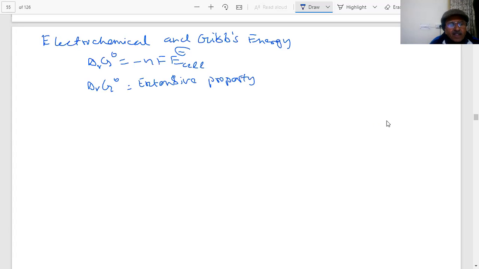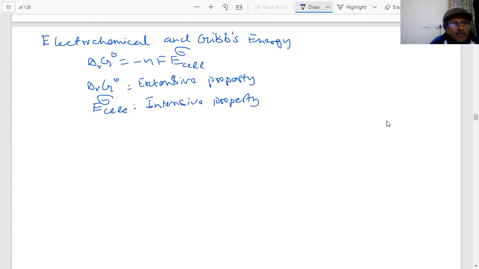If they increase, the value of delta rG will increase, whereas E naught cell is an intensive property. It does not depend on the mole or quantity of the substance.